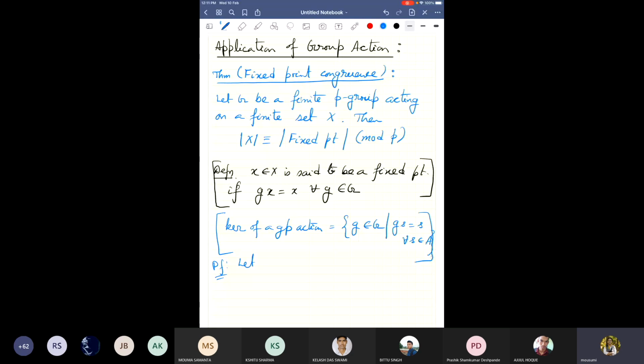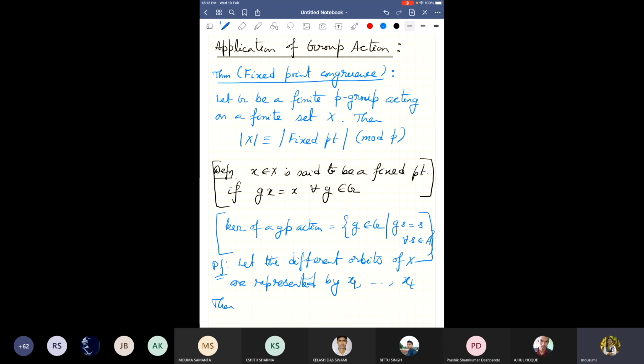So let the different orbits of X be represented by x1, ..., xt.